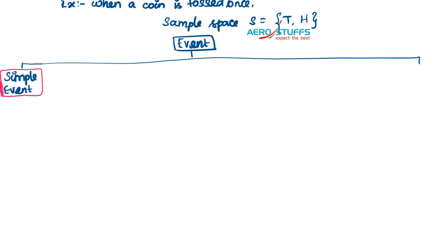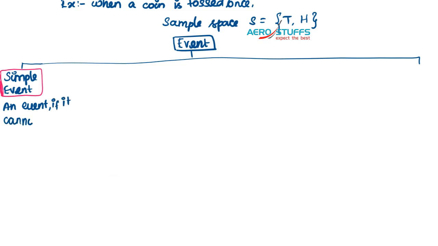Now event. Event is nothing but the question they ask you. I think this may be an easier explanation for you, because in the sample space I'll write all the things that happened. Now for event, consider a simple event. A simple event is nothing but an event which cannot be decomposed further.